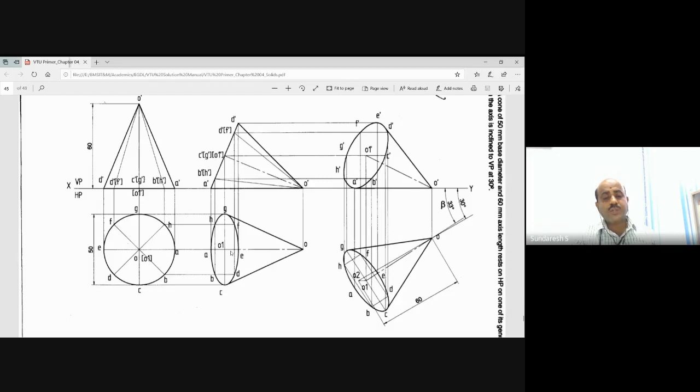So in that position, if we tilt the cone in such a way that the axis makes an angle of 30 degrees with respect to VP, then we have to go for the beta angle method.